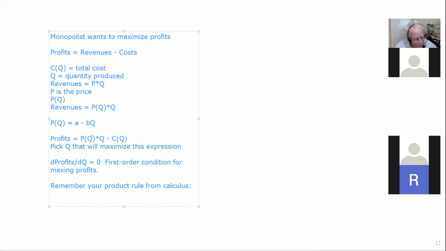Let's just say G is a product of two functions of x, f and g.